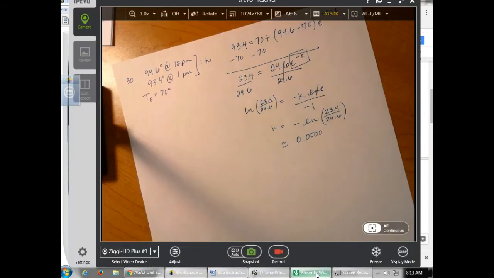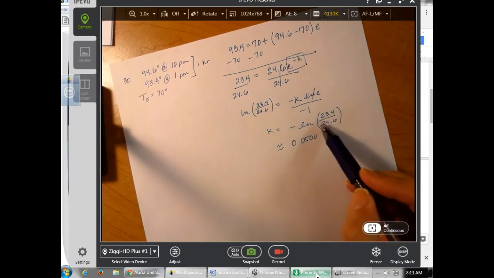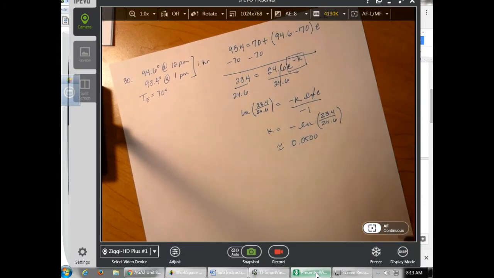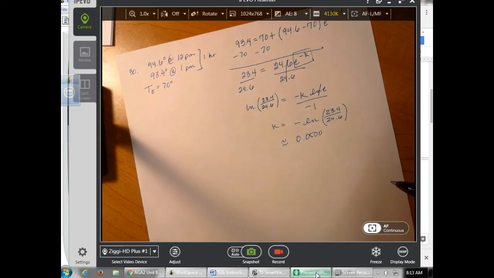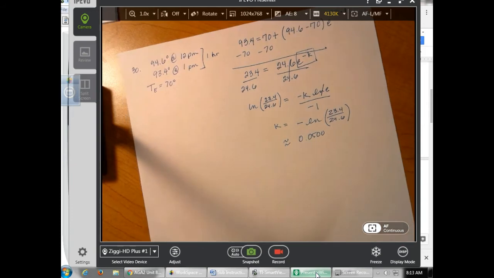All right, so back to this. So I know my k, and now I'm going to go back and figure out how long it would take, working backwards almost, for the body temperature to get back to 98.6.